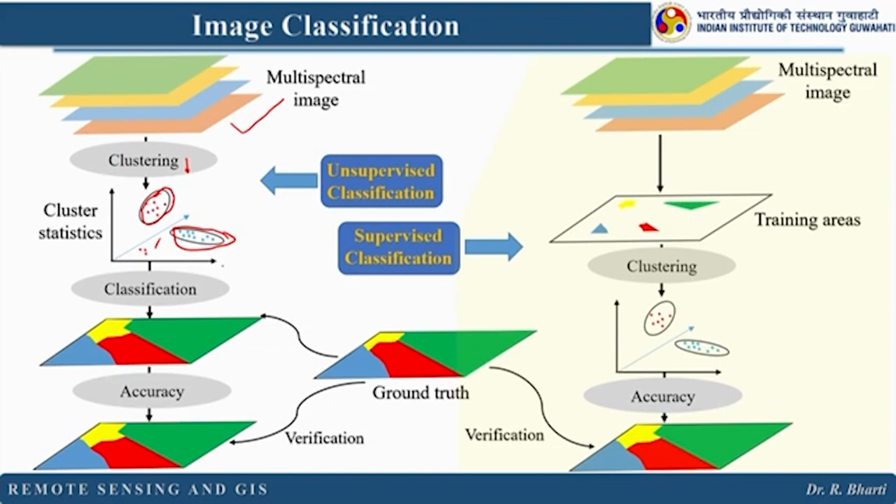So all the bands of this image will be used here, and based on this clustering logic you will assign each pixel into 3 categories, right? Class 1, class 2, class 3, and that is known as classification.